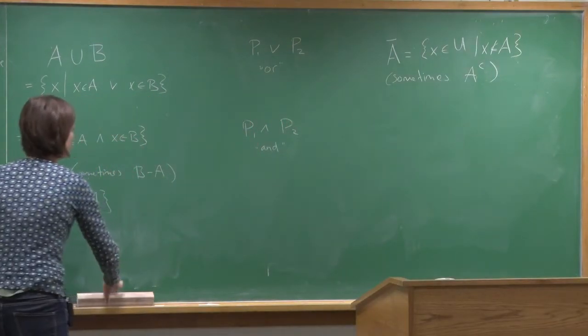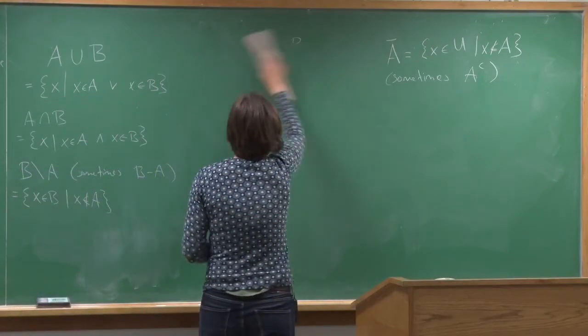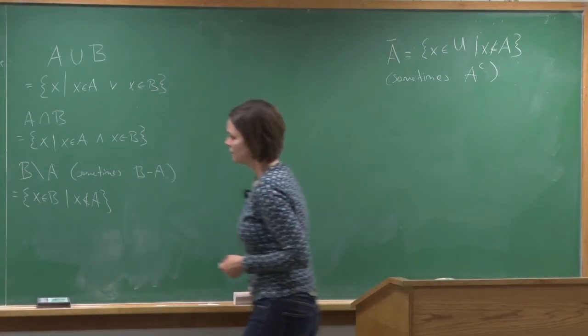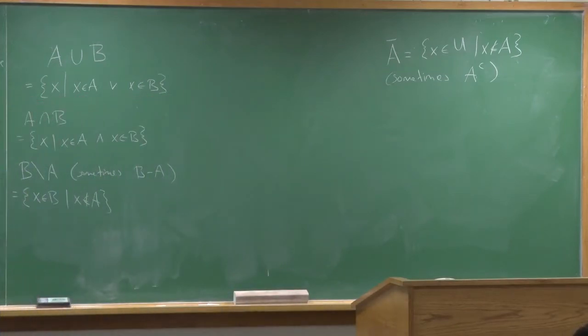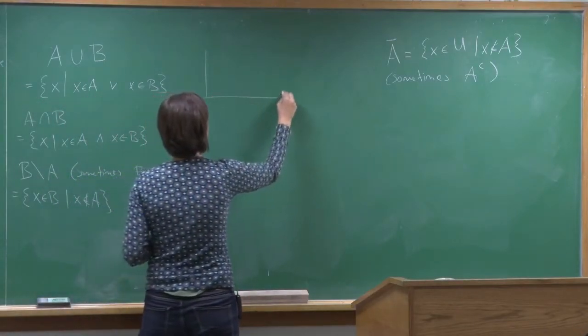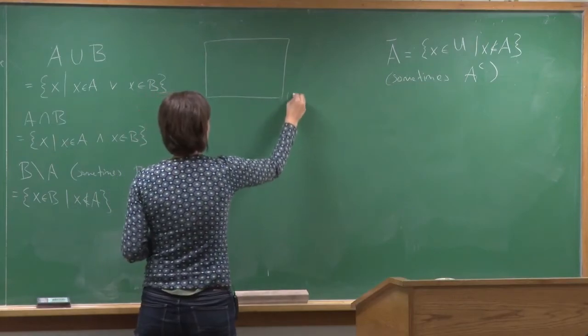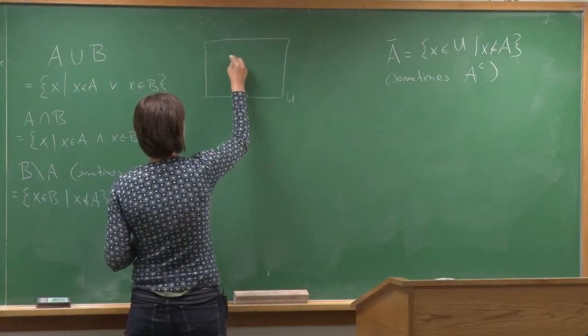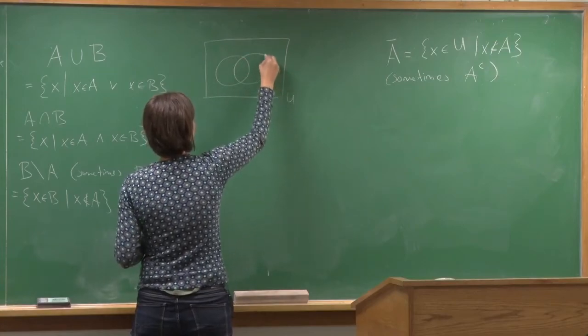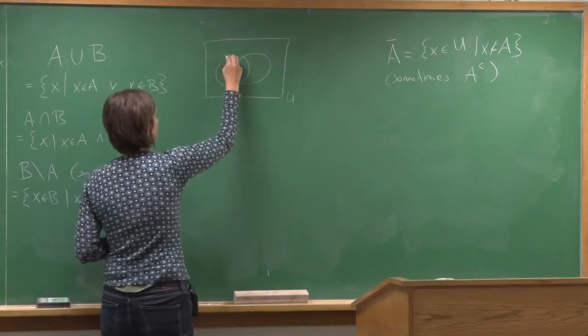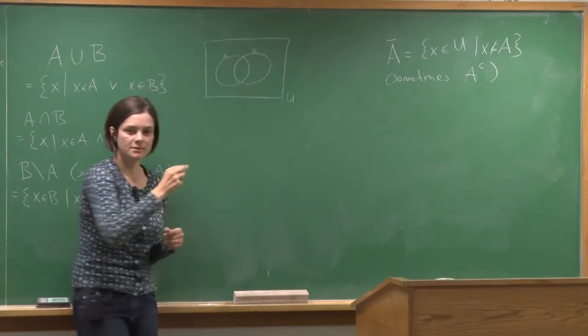So you've probably drawn Venn diagrams to just visualize what this means. And you may think that you know what a Venn diagram is, but do you really know what a Venn diagram is? So if I draw a Venn diagram with two sets, for example, it would look something like this. I would usually draw something that shows the universal set, and then I have my two sets A and B, and this is called a Venn diagram, right?